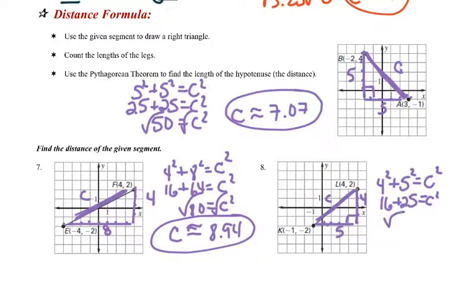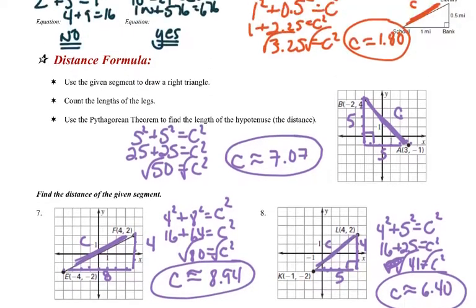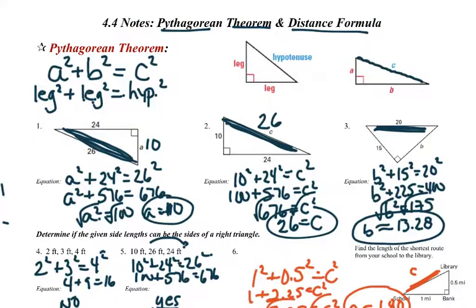So if I add that up, it's going to be 41 equals c squared. Then I would take the square root of 41, type that in my calculator, and get 6.40. So distance formula, basically from using the famous Pythagorean theorem, a squared plus b squared equals c squared.